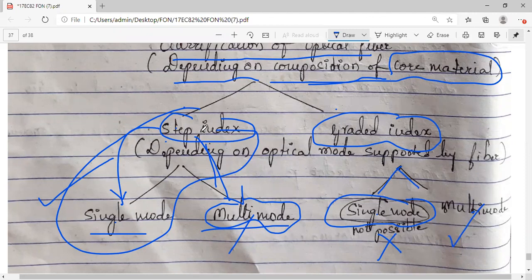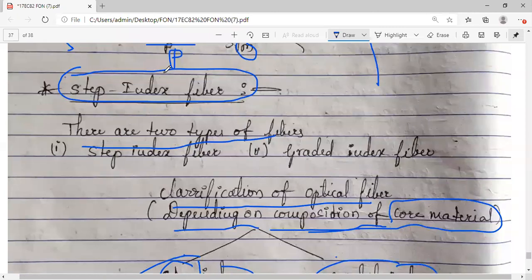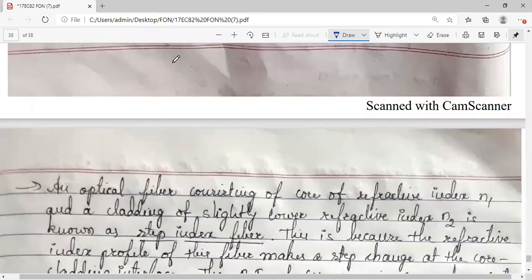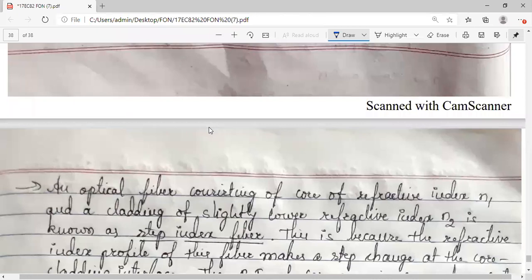So let us first see what this step index is. This is your title in your textbook, directly given: step index fiber. What do you mean by step index fiber? From the start of this module, we have considered a cladding and a core.